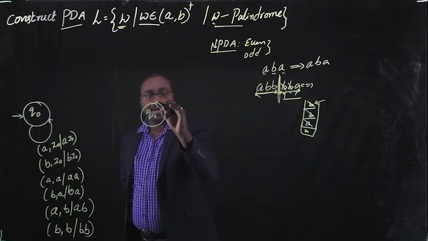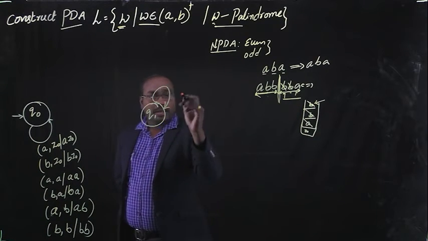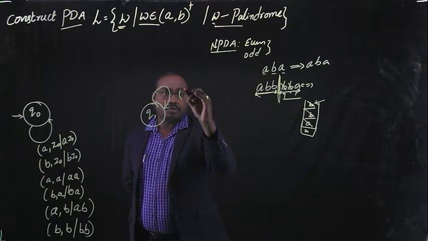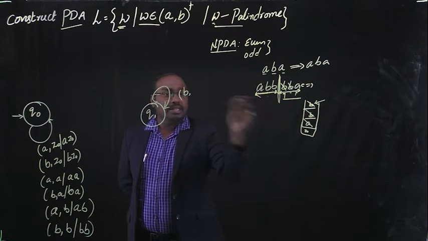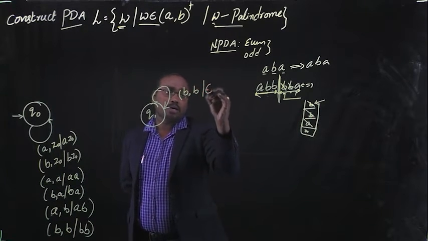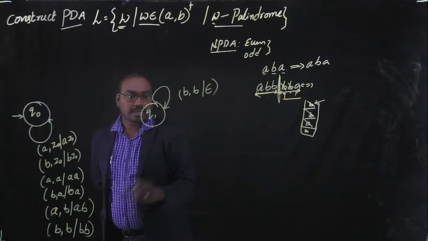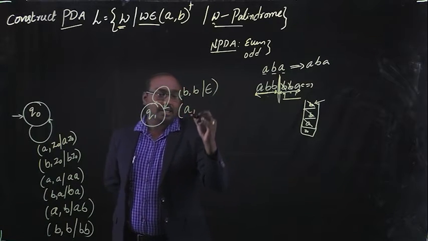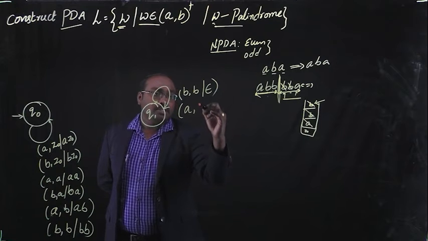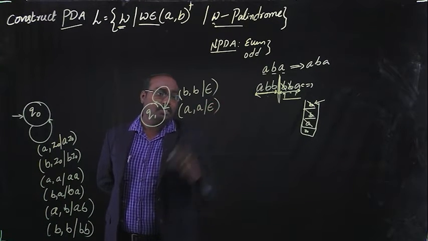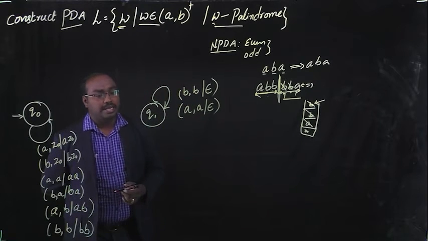So then how to write? I am taking one self loop. It means if the input symbol is B and it matches the B, then we have to pop that element from the stack. And also if the input symbol is A and it matches the top of the stack, that is A, then it should also be removed from the stack.